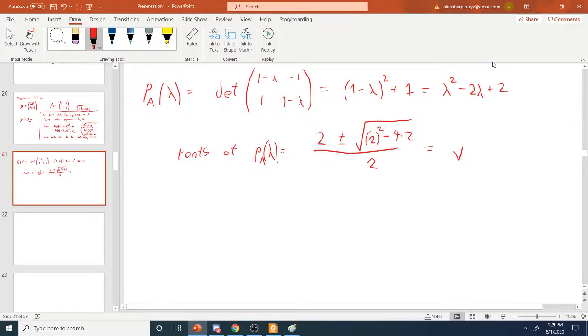And so this is the same thing as 1 plus or minus the imaginary number i.